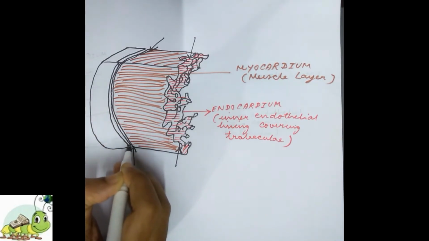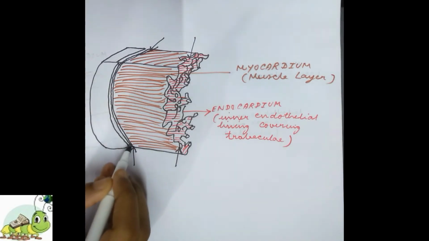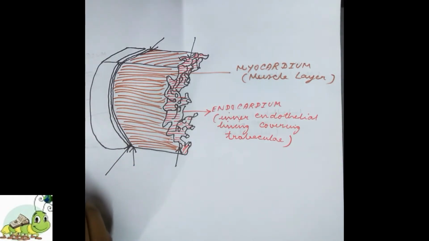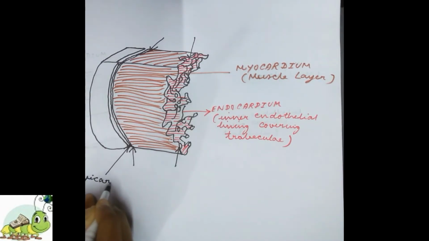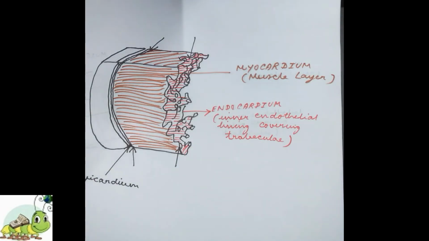It's a conical sac of fibrous tissue that closely envelops the myocardium and surrounds the roots of the major blood vessels. The epicardium secretes pericardial fluid into the pericardial cavity, which lubricates the tissues as the heart beats.